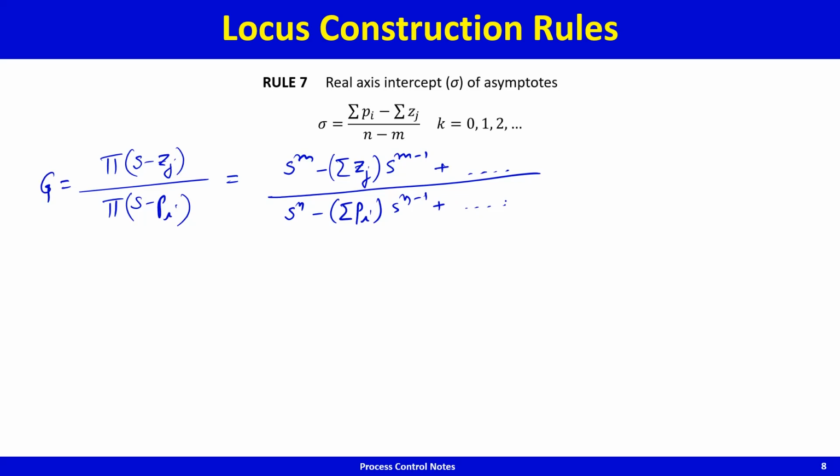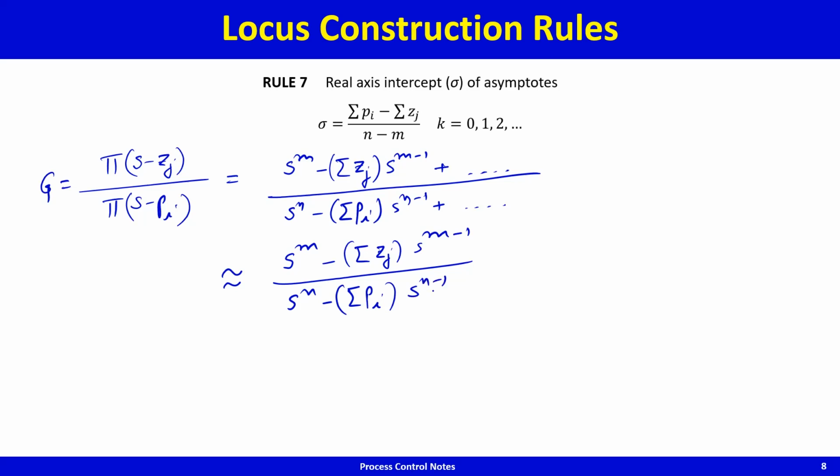Okay. We'll approximate G for large S using the first 2 terms in the numerator and the denominator respectively, and the characteristic equation requires that G should be equal to minus 1 by k, or 1 by G should be equal to minus k.